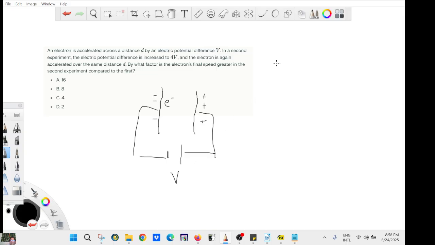So the definition of the potential is the energy per unit charge. The potential, like from the power supply, is the electric potential energy per unit charge. So the potential energy is the charge times the potential.